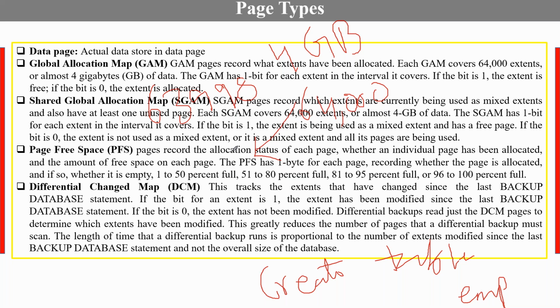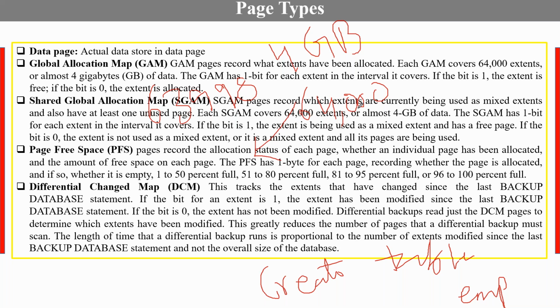Does that make sense? Whenever you create a table, it first goes to the GAM page and gets the extent from there. When you create a database, 64,000 extents are available, and the size will be 4 GB.